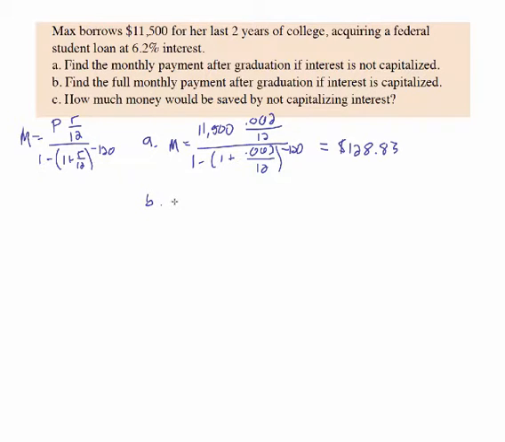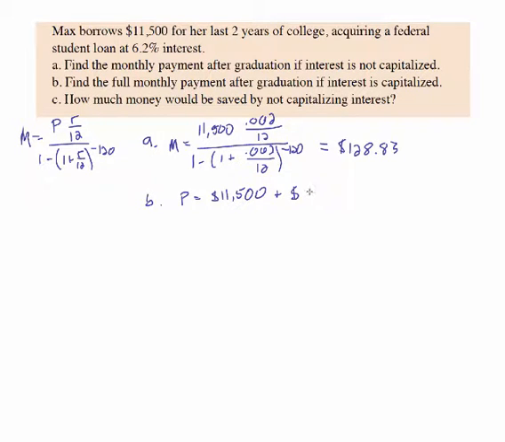If interest is capitalized, well, that's going to change the principal value, and what's going to happen to it is now P is going to be the $11,500 that it was originally, plus the amount of interest that accrues while Max is still in school and before payments start.